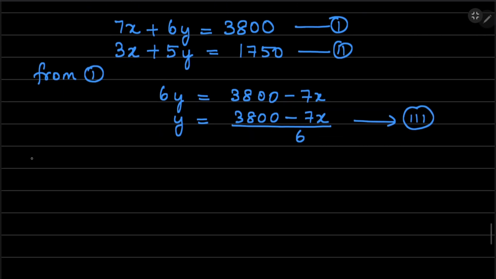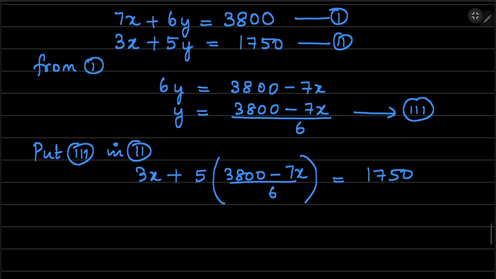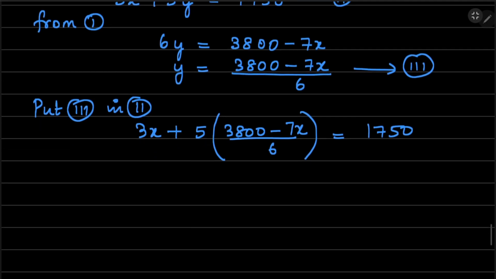Let's put it in equation 2. So you can substitute 3 in equation 2. What is it? 3x plus 5, in place of y, I am going to write 3800 minus 7x whole divided by 6, is equal to 1750.